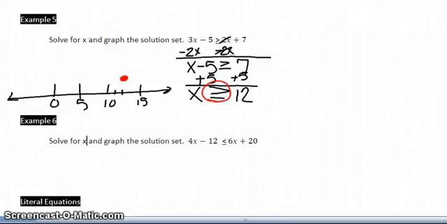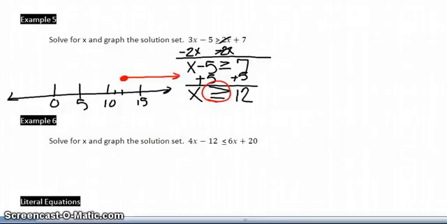Greater than tells me I'm going to go off to the right, to the numbers larger than 12. So all the numbers greater than 12 and including 12 are included in the solution set.